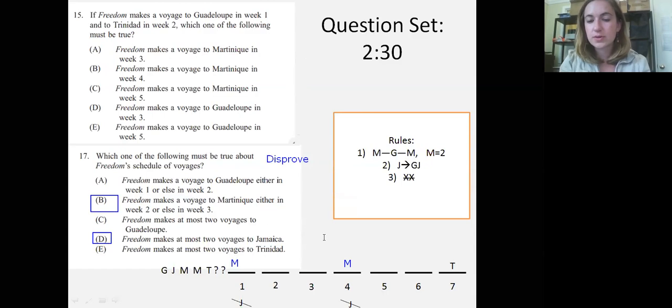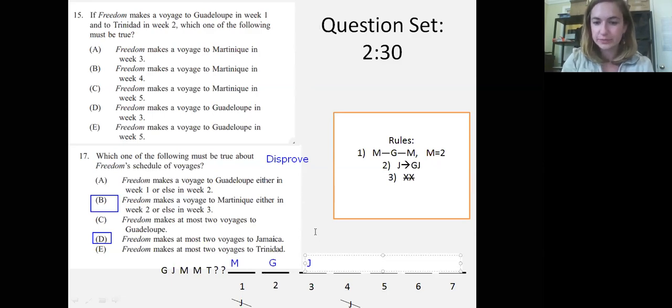So maybe I throw M in spaces 1 and 4. I know that I'm going to have a G in between, so maybe I'll put a G right here. Ooh, maybe just to make my life a little easier, I'll move the G over to space 2 so I can go ahead and get my J on the board after a G. So then I just need to be able to find something for 5 and 6.